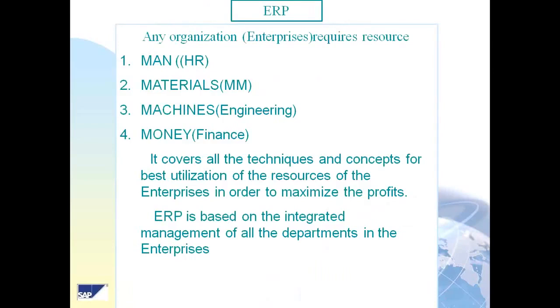So there is a conflict between the FI department and the SD department. Both objectives are the same, that is, to maximize the profits, but the way in which they do the optimization is totally different. So this leads to conflict between the FI and SD departments, with different directions to achieve the organization goal.